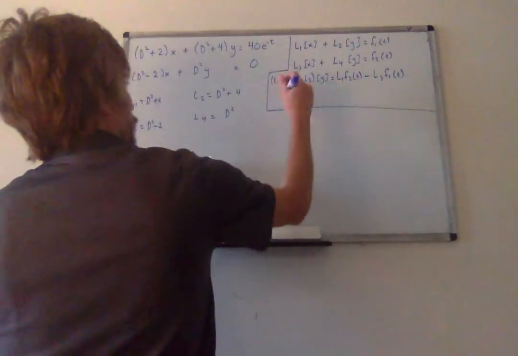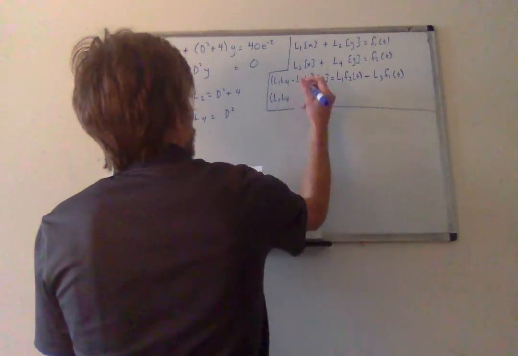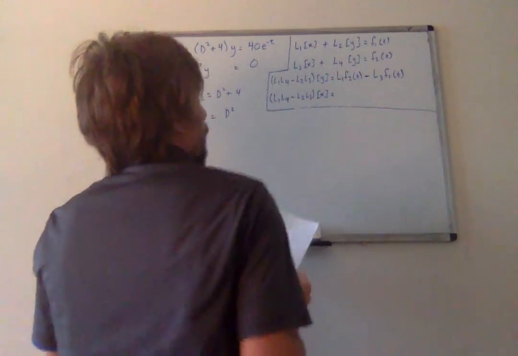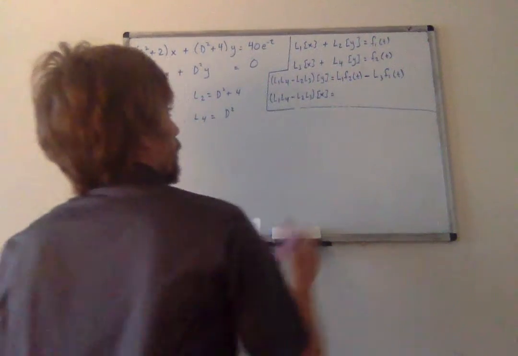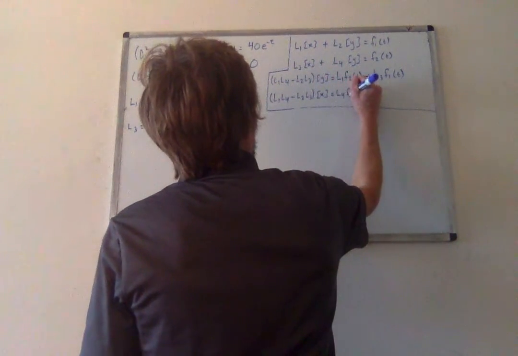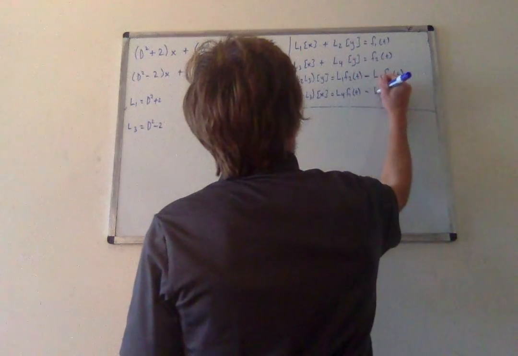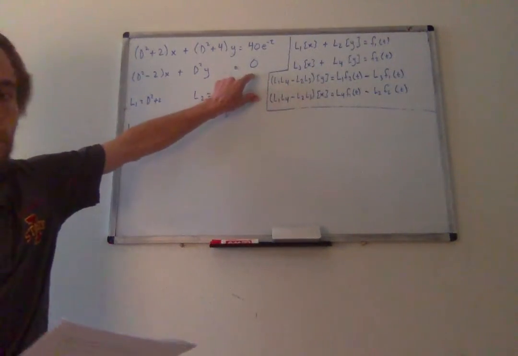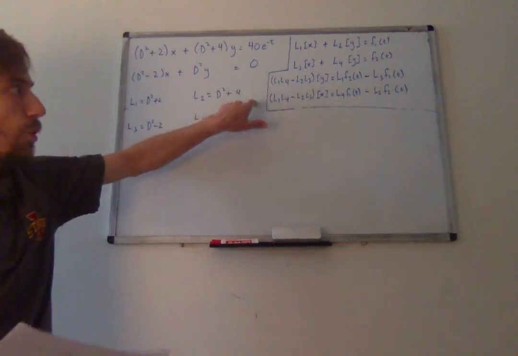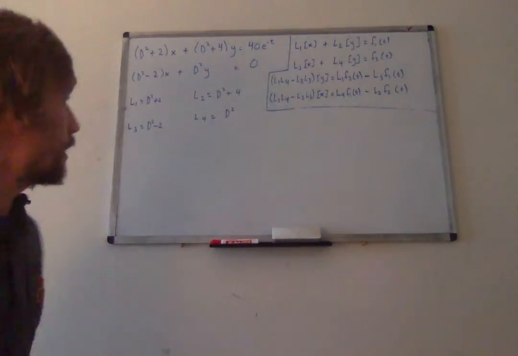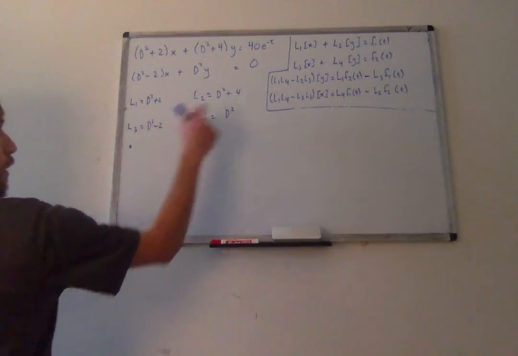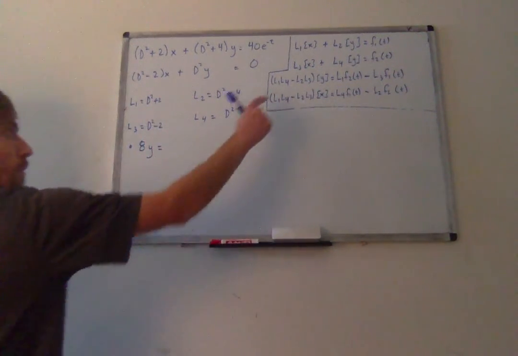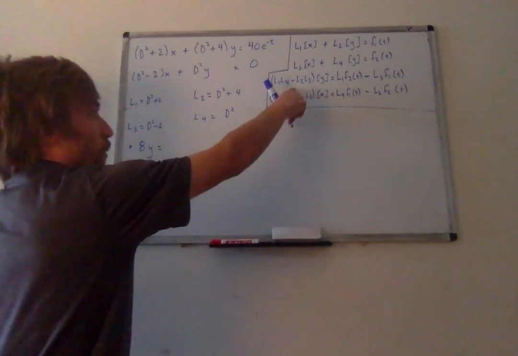So if we wanted to solve for y, and if we want to solve for x, we should get this equation. Remember, this was combining these two equations in order to eliminate either y or x. And so first, solving for y. Remember L1 L4 minus L2 L3, the operational determinant, was just 8. So the left side of this first equation would just be 8y.